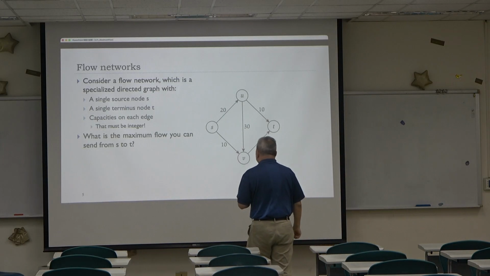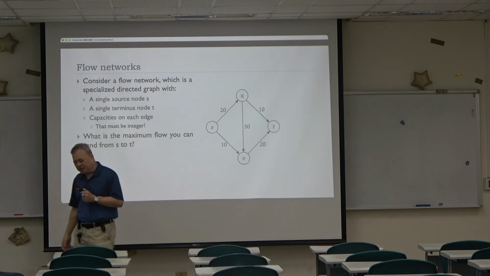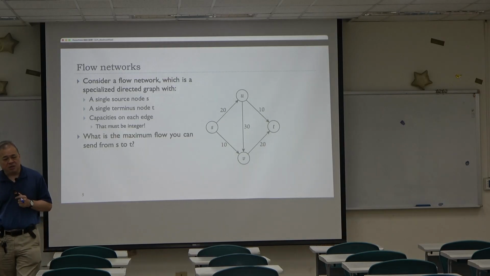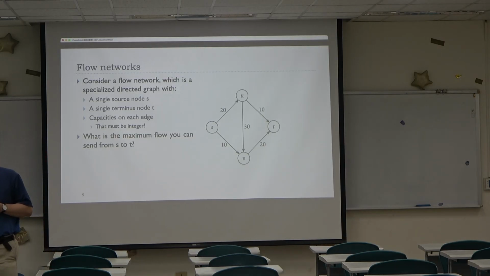There are some additional things to say. First, the edges are directional, and each edge is associated with a weight. But this weight is a little bit special. First, we usually only consider integers.